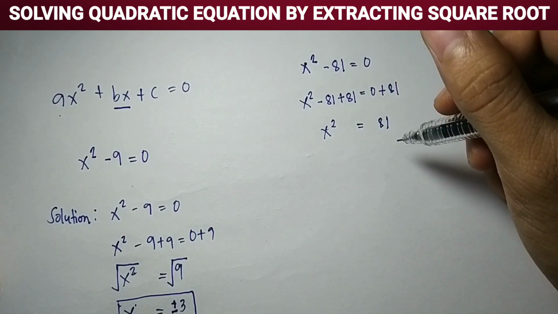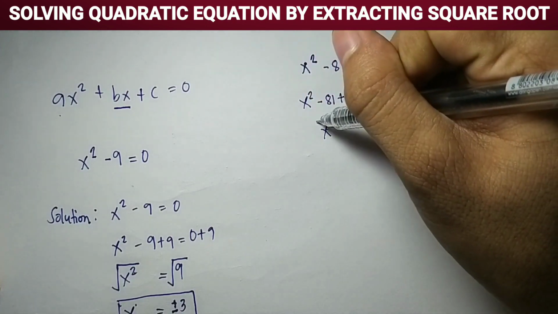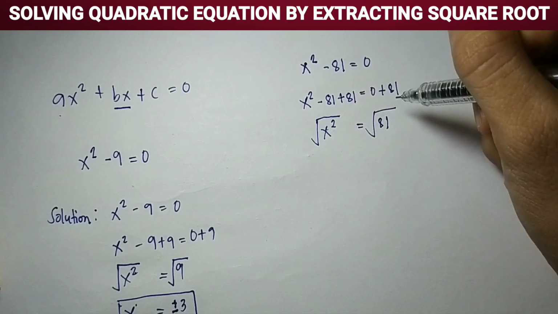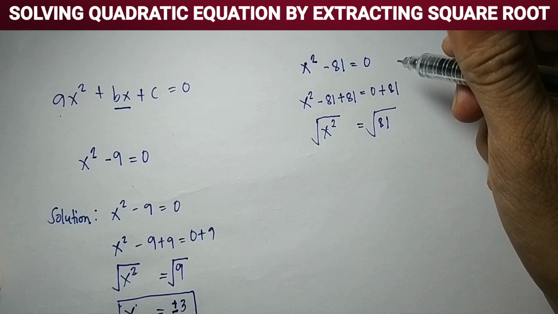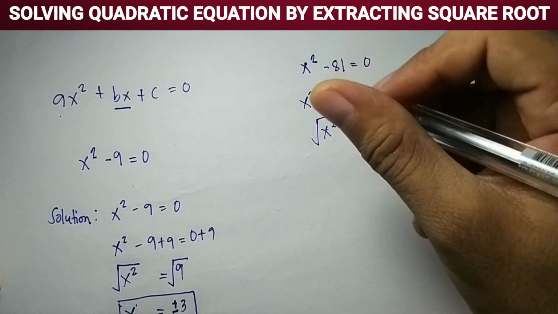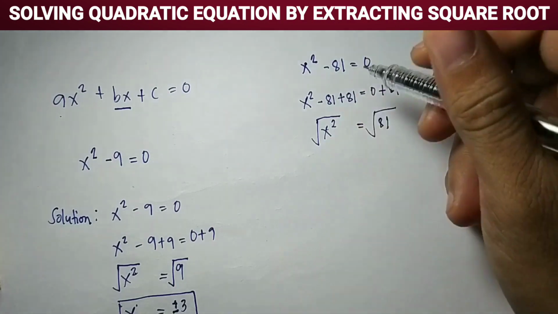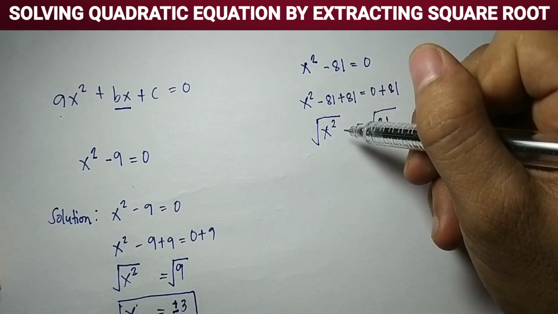Unsa toy atong sunod nga gibuhat? Ato dayon gikuha ang square root both sides. So i-square root nato both sides. So again, the square root of x squared, di ba pareha man. So mangita ta og i-multiply nga mo-answer og x squared.